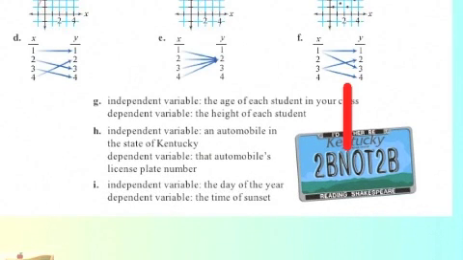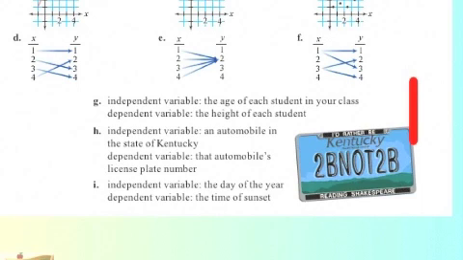If we continue with the investigation, letter G says, if the independent variable is the age of the children in the classroom and the dependent variable is the height of each student, is this a function? I would argue that this is not a function. The reason is because at this point, being in either 9th or 10th grade, most of you are between 14 and 15 years old, and chances are I'm going to find two of my students that have the same height. So therefore, I would argue that that is not a function.